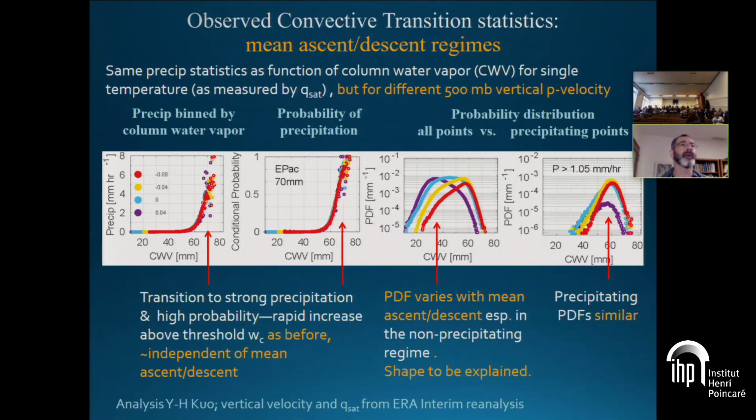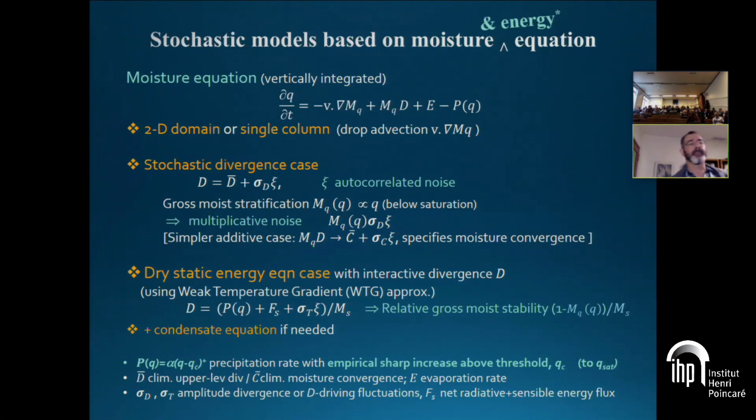Okay, so the stochastic model to explain this behavior, plus some other things involving the clusters and the probability distribution of precipitation itself. At the top is a moisture equation. You have the time derivative of moisture, and then you have a moisture convergence term here. This MQ is a vertically integrated moisture.